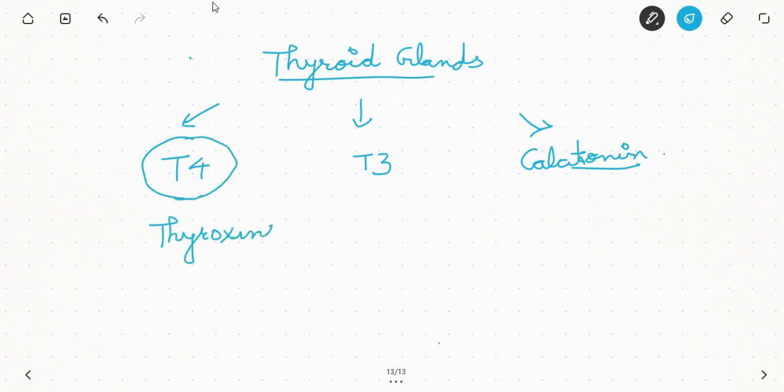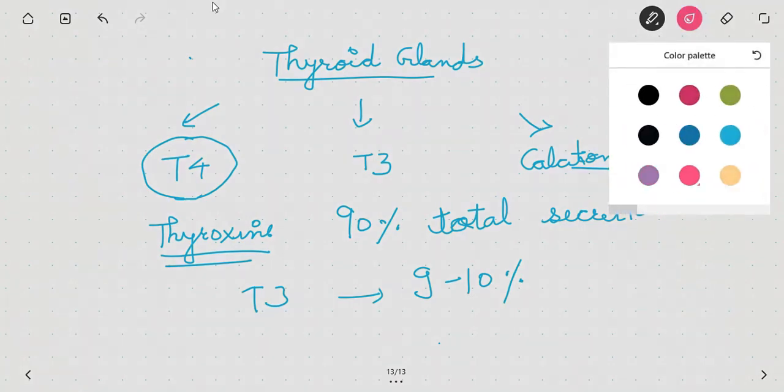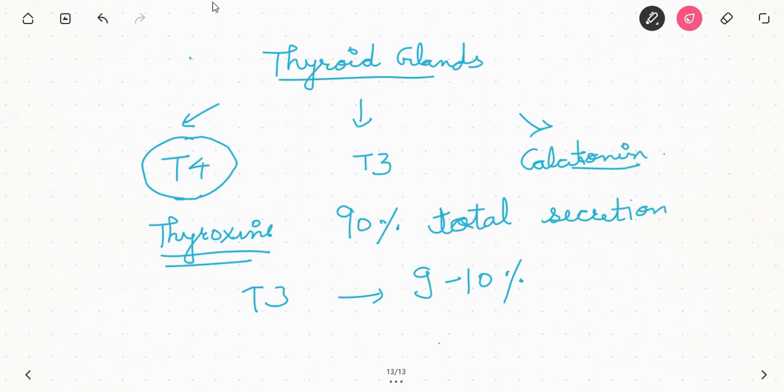So remember, T4 is known as thyroxine and it forms about 90% of total secretions, whereas T3 forms only 9 to 10%. Both T4 and T3 are derivatives of tyrosine.